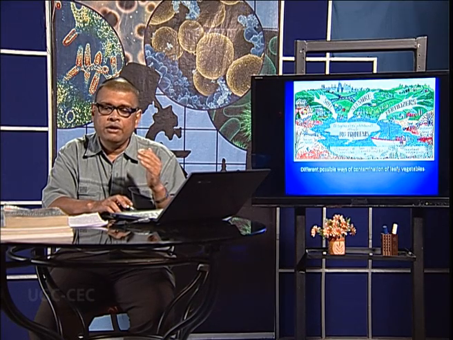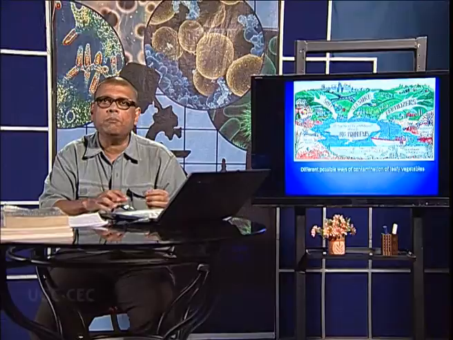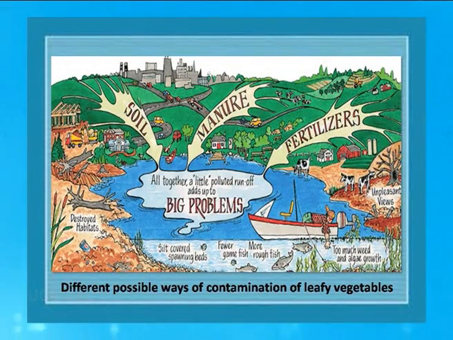As I told you, there are different ways by which these contaminating organisms may come, and they include the soil, the manure, and the fertilizer. Along with these contaminants, general pollution can also induce physiological stress in the crop plant.